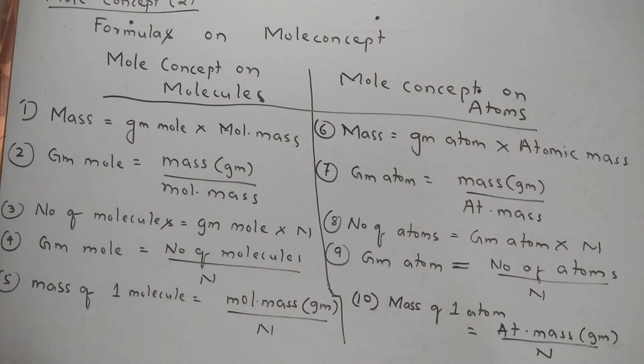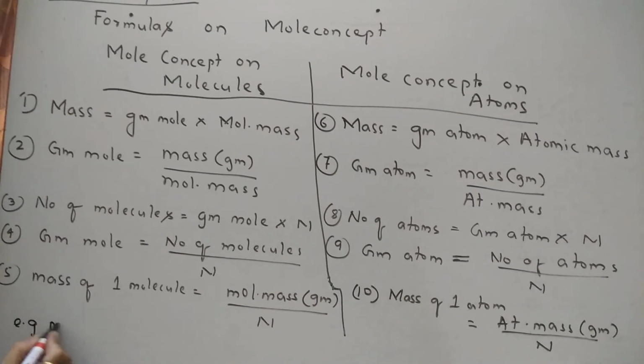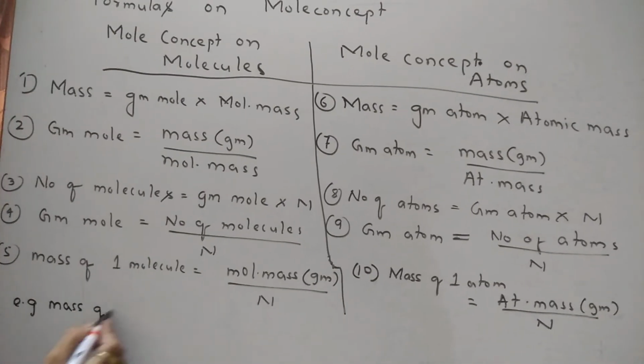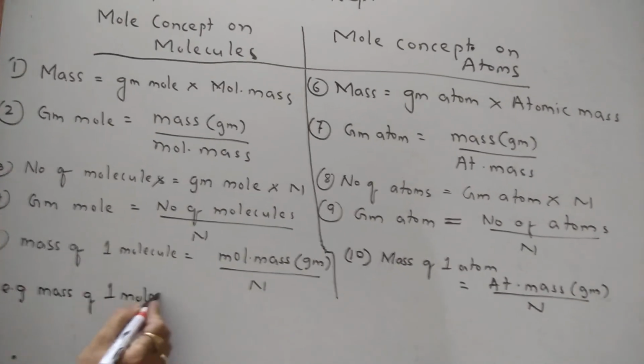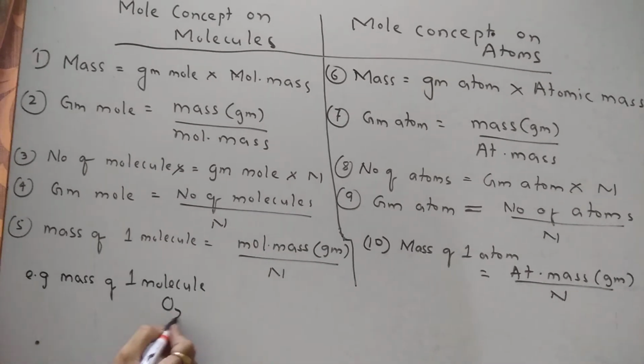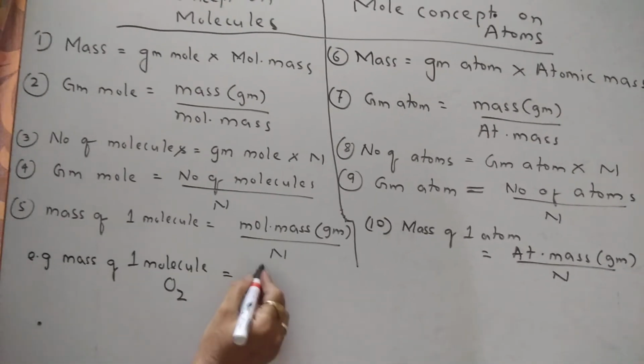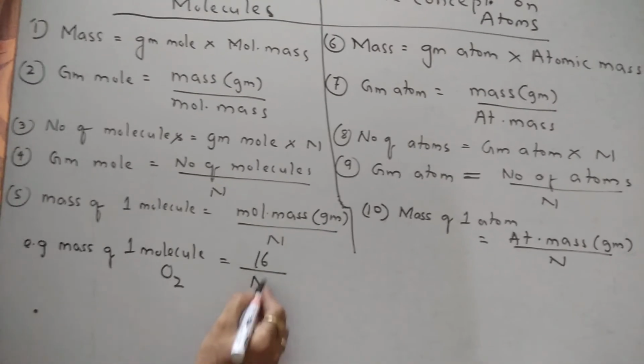So for example, mass of one molecule of O2: O2 molecular mass is 32, so it is 32 by N grams.